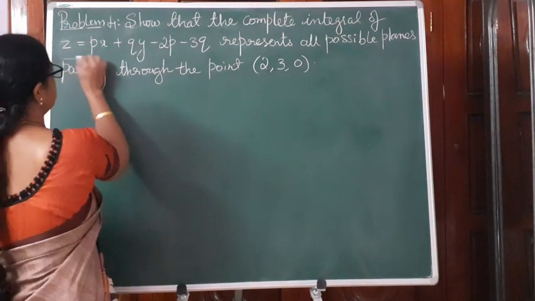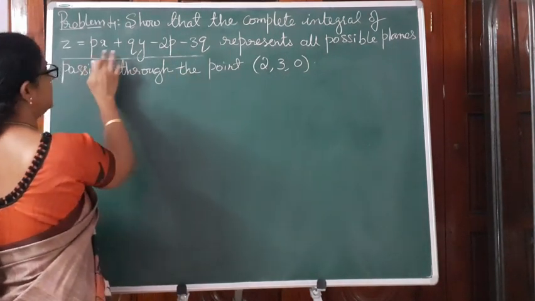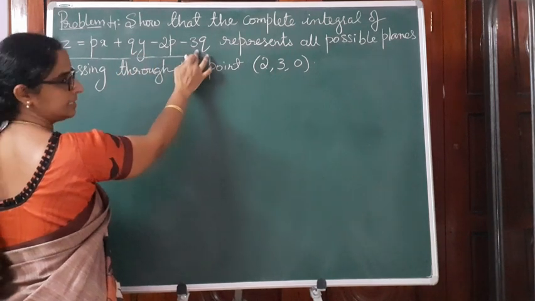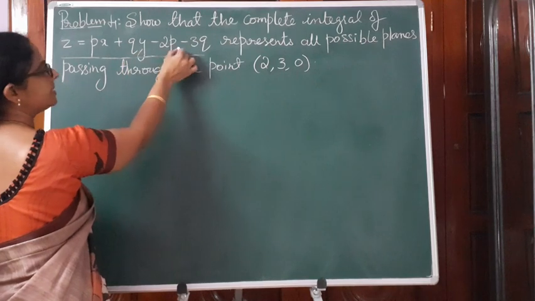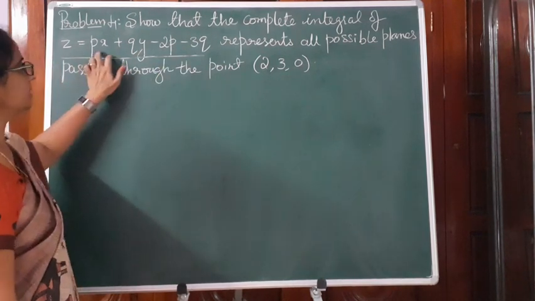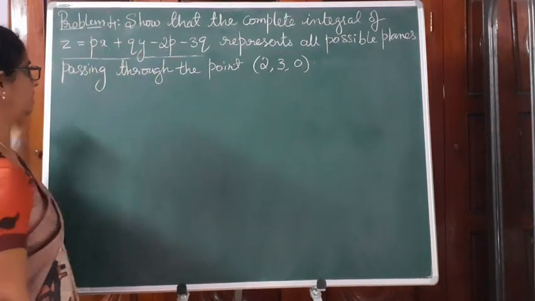Now look at this partial differential equation. It is z is equal to px plus qy minus 2p minus 3q. That is, it is of the form z is equal to px plus qy plus f of p comma q. So it is a standard form 4 equation.